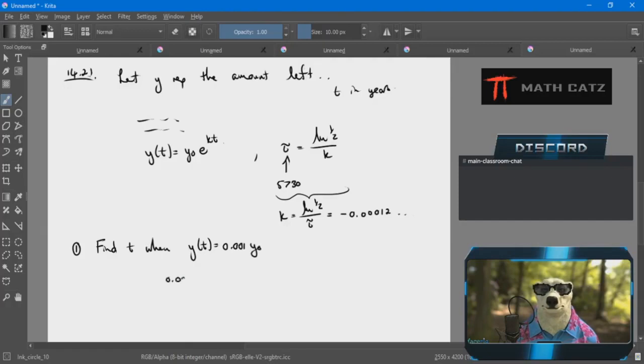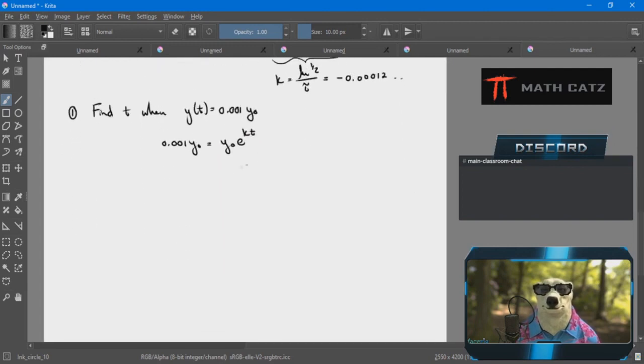So that means 0.001 of y0 is y0 e to the kt. Sorry, I want t. I have k. And again, I see I don't need the initial amount. e to the kt is 0.001.